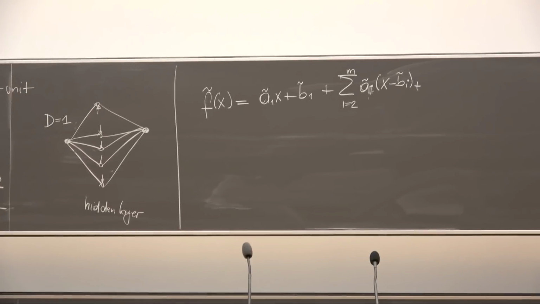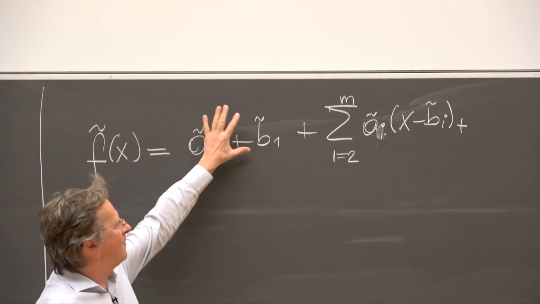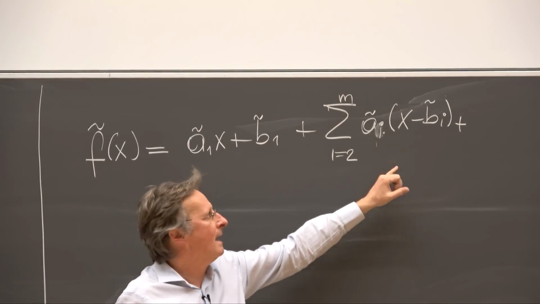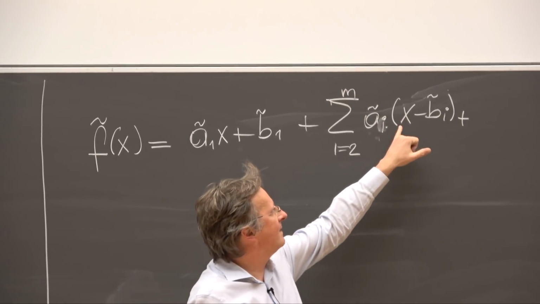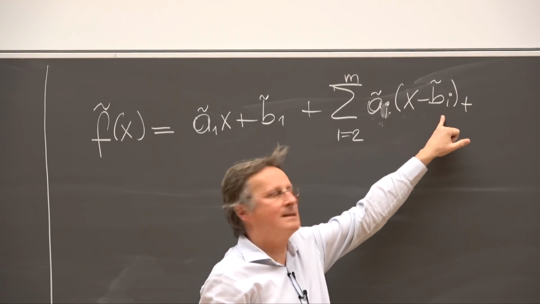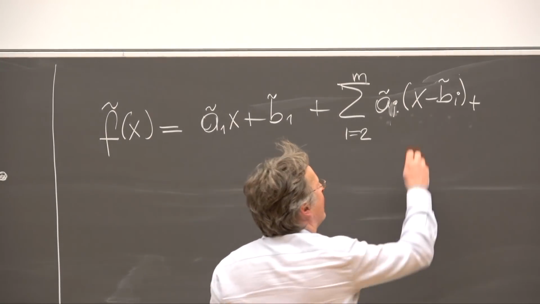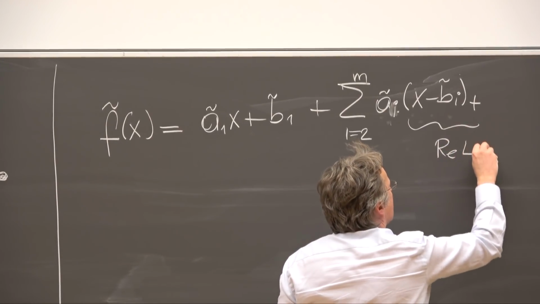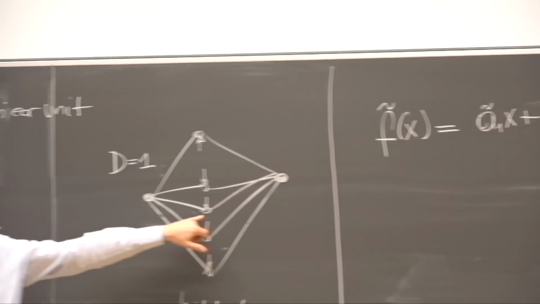Let's look. This is again a sum. Forget about this, the first term. This is again a sum, and the sum simply has some a_i's in here. Then I have x minus some b_i tilde, times a_i tilde, and then plus. So this is exactly this ReLU function here, exactly the function that we can put in here.